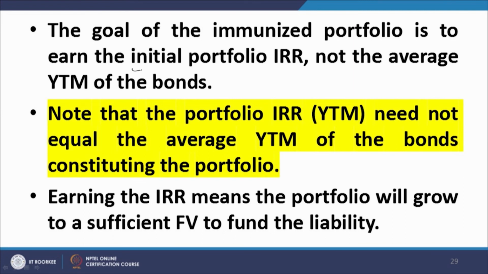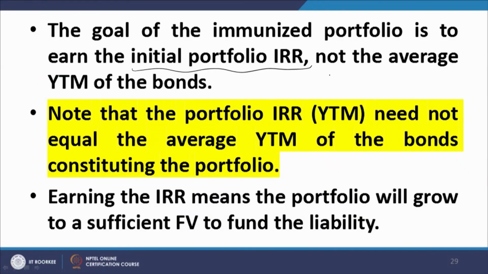This is important. The significance of this term will be clear as we progress along today's lecture. The objective is that if you are immunized, if you are protected, if you are cut off from the rest of the world, what will the portfolio earn? The portfolio will earn its initial portfolio IRR.